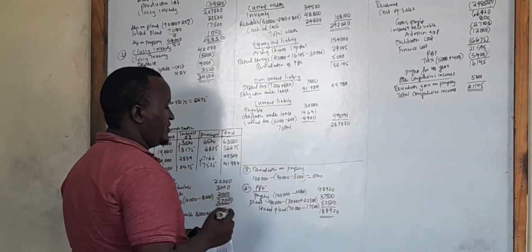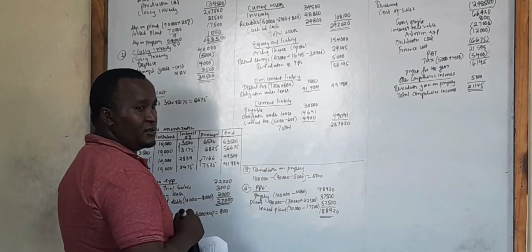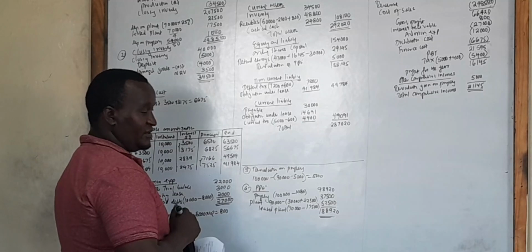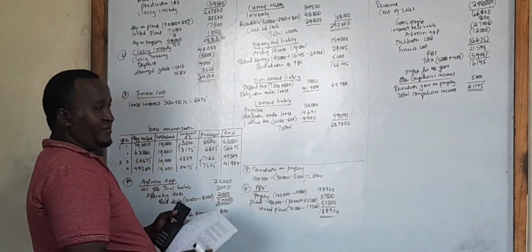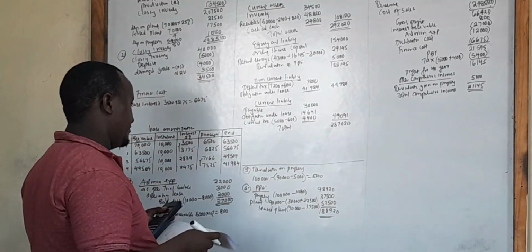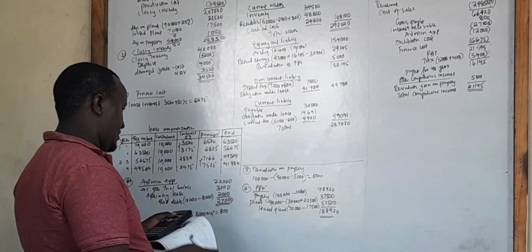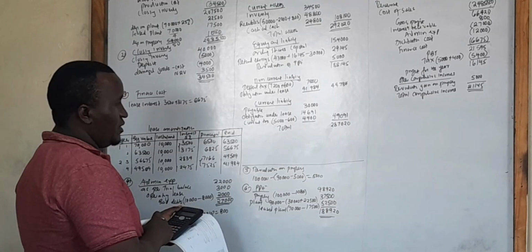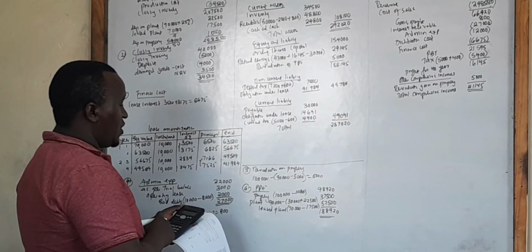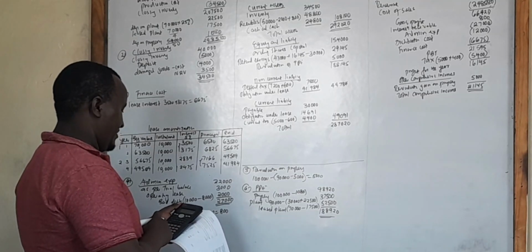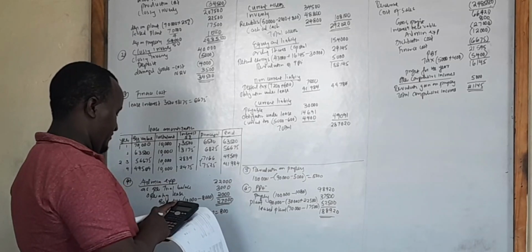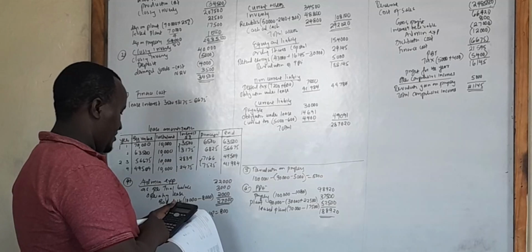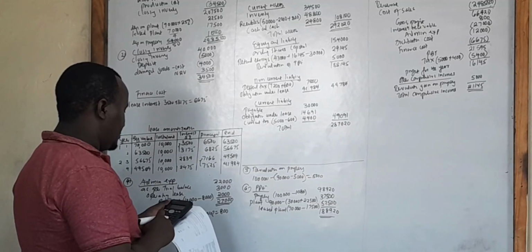90 minus 5? Uh-huh. 85. So, 100 minus 85? I don't know how we ended up arriving at 5, right? So we need 15, which means then it will be more.